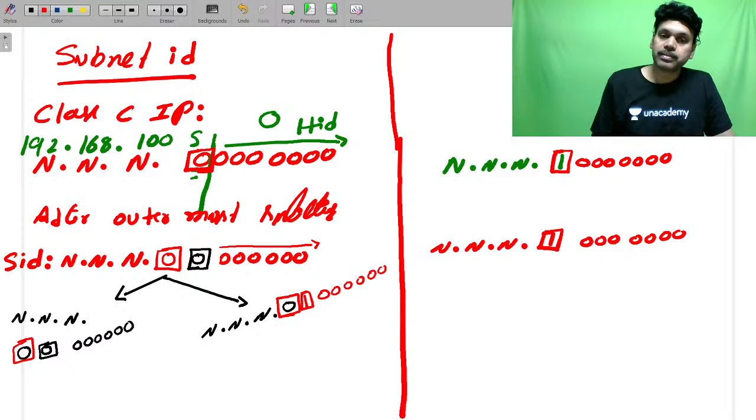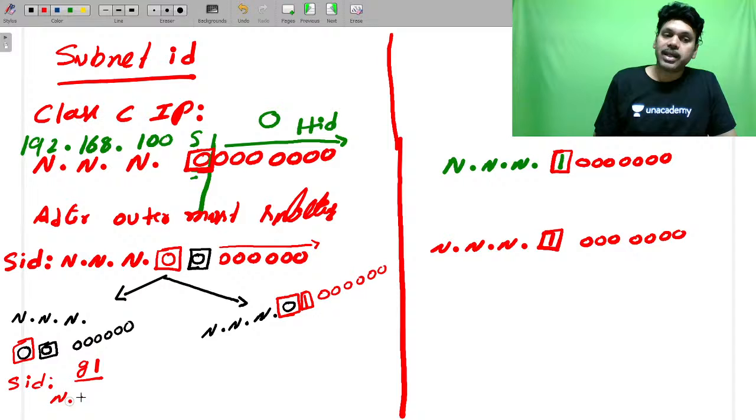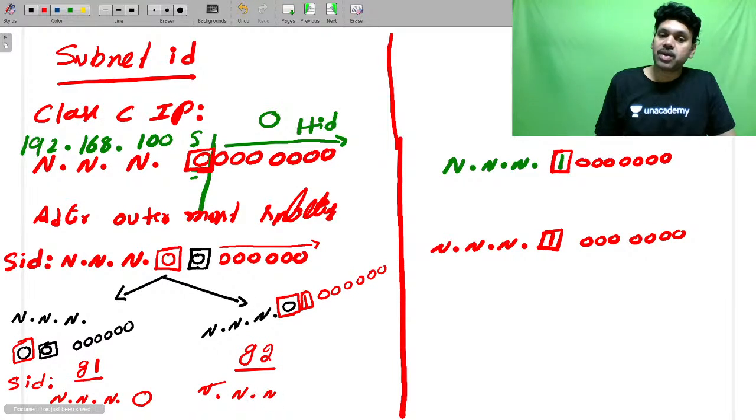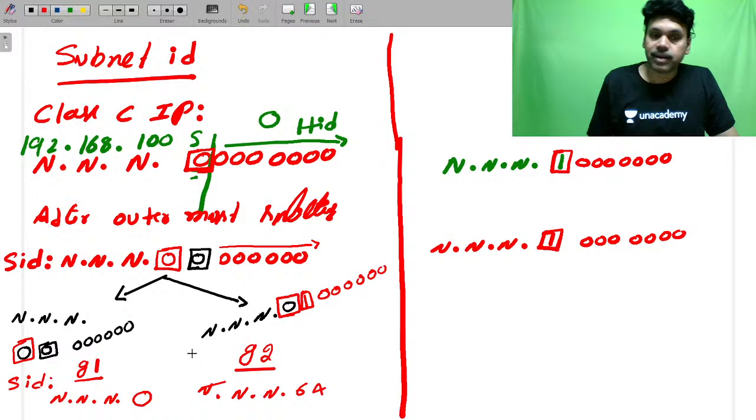So what are your subnet IDs now? Tell me. Your subnet ID for group 1 is n dot n dot n dot 0. Your subnet ID for group 2 is n dot n dot n dot, what is the value? 1, 2, 4, 8, 16, 32, 64. Okay.